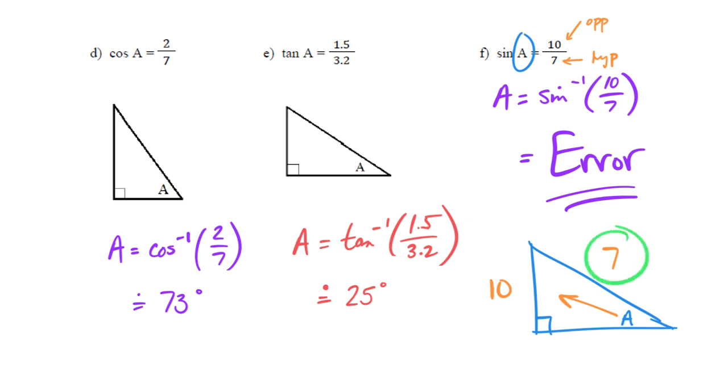Somehow, the longest side on your triangle is 7, when one of the shorter sides is 10? That doesn't make sense. Yeah, of course it doesn't make sense. By definition, your hypotenuse has to be your longest side.